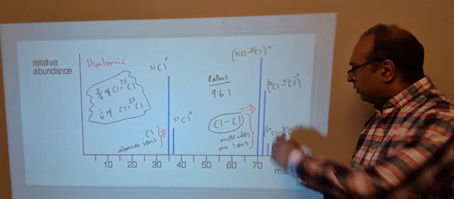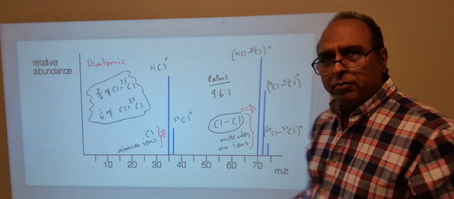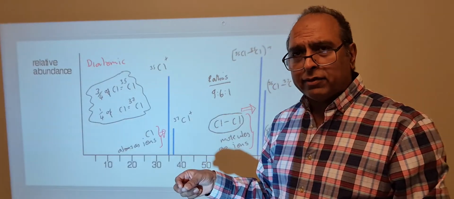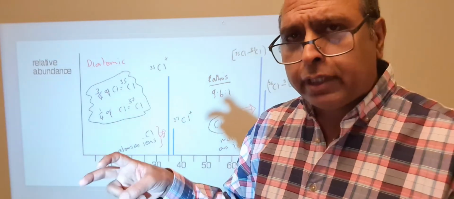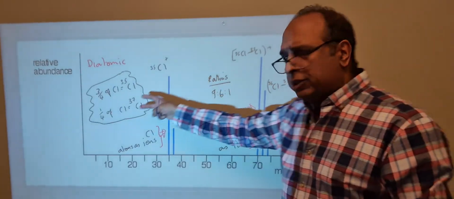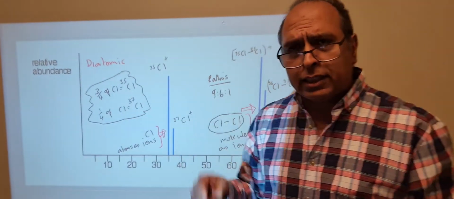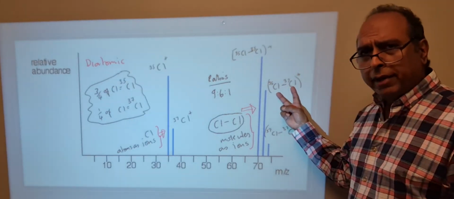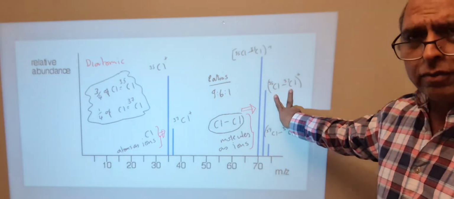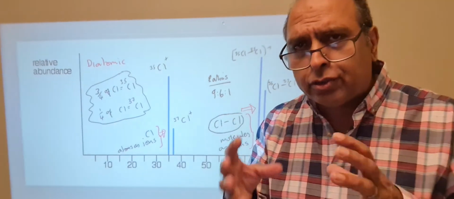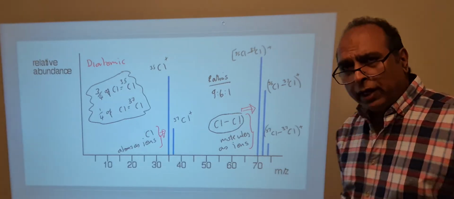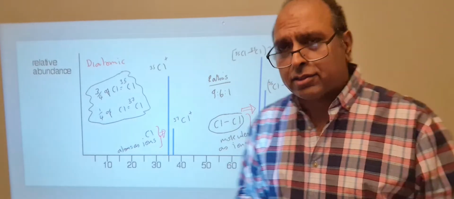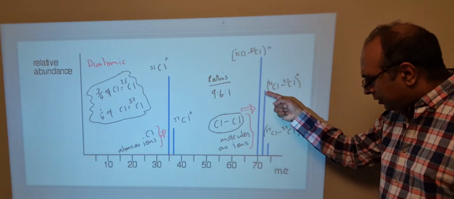But then the other way around, you could have the first chlorine being chlorine 37 and the second chlorine being chlorine 35, and that would also be 3/4 times 1/4, which would be 3/16. So 3/16 is the chance of getting that way around, 3/16 is the chance of getting it the other way around, and therefore the total chance of getting something that weighs 72 is 3/16 add 3/16, which is 6/16. So the ratio would be 9 to 6 to 1.